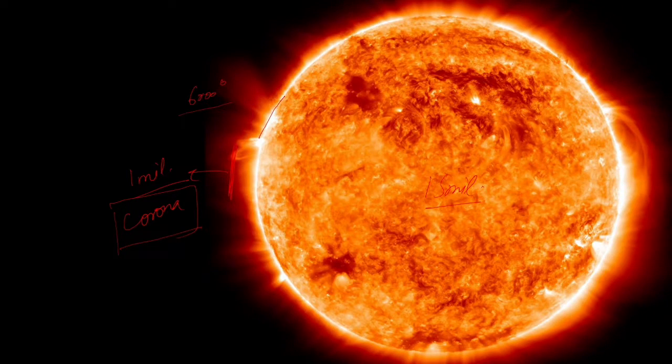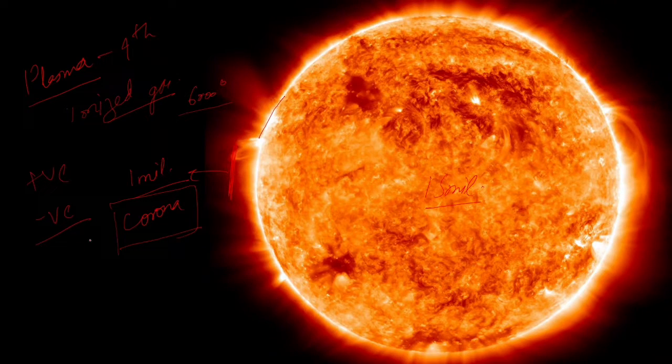Now what happens is, at such extremely high temperature, the sun exists in a fourth state of matter called plasma. This is nothing but ionized gas, where the positive and negative charges are separate. Due to such high temperature, this plasma constantly moves in the sun.